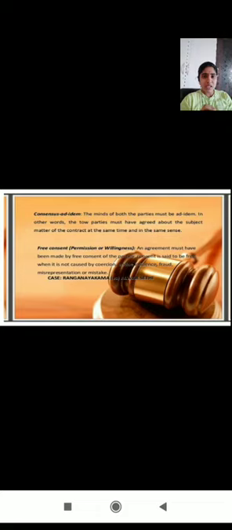At the same time and in the same sense. In the past example we discussed that A wants to sell his car to B and B wants to buy the car of A, but here A has two cars, one is a red car and another one is a blue car. A wants to sell his red car to B, but B is accepting his offer for the blue car.